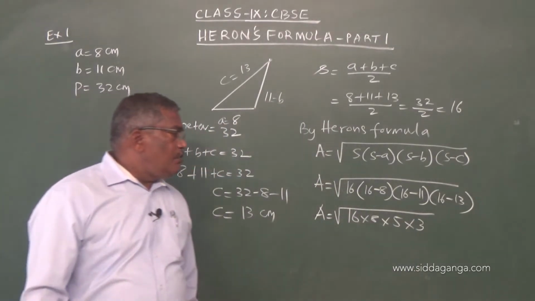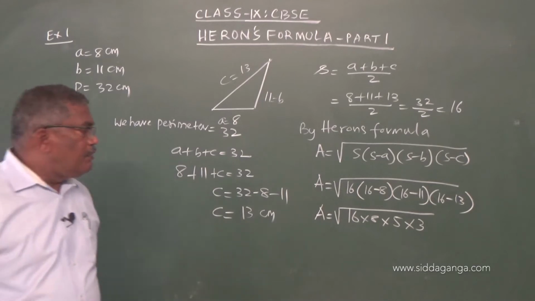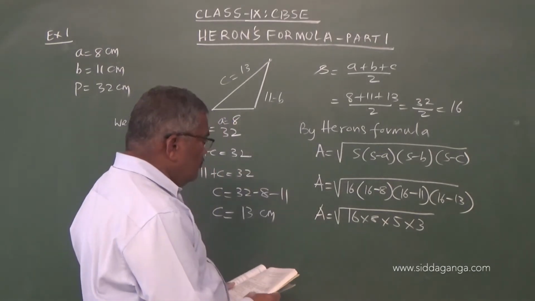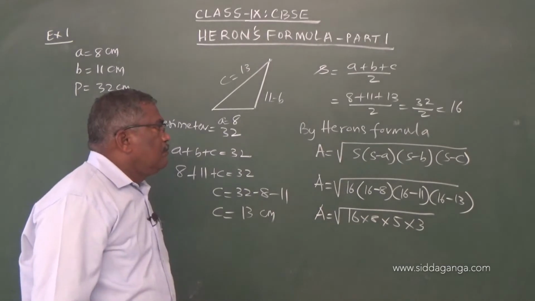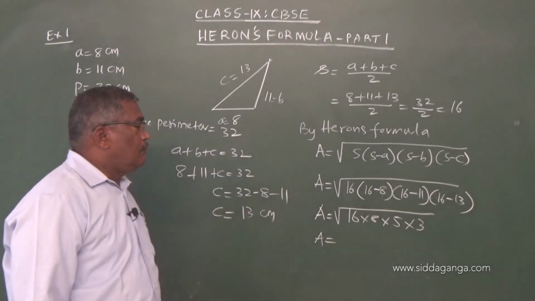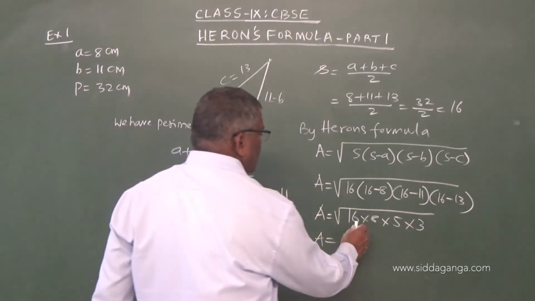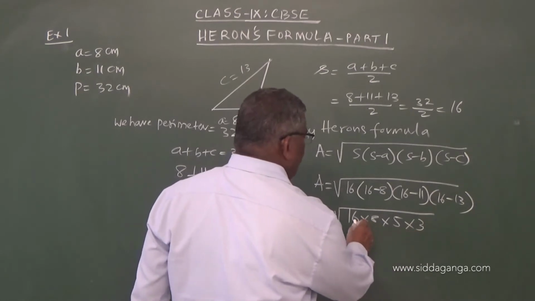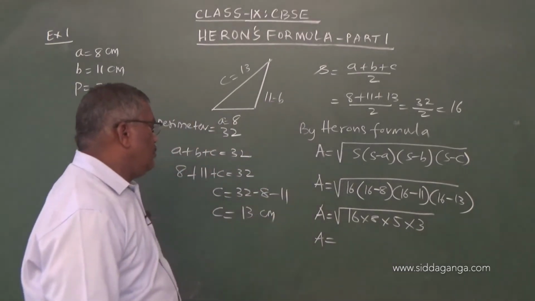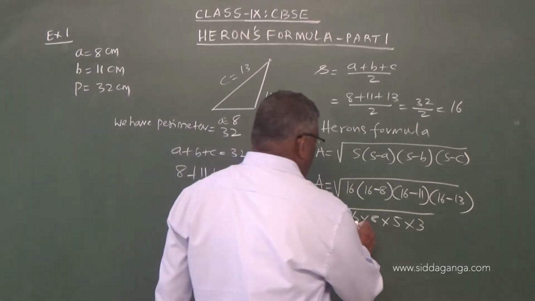So we got 16 into 8 into 5 into 3. So you can rearrange it like this.